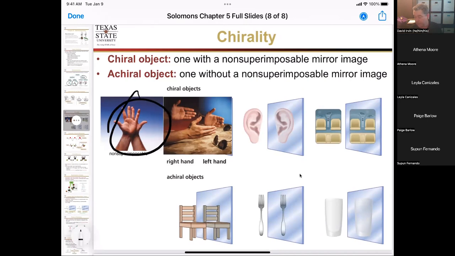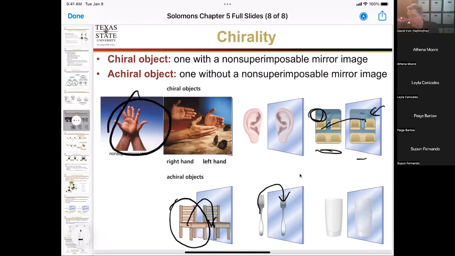So imagine you had a chair here. You could perfectly overlap that chair on that one, or this fork on that, and it would look the same. But look at this car here. Because we have the steering wheel on one side, the mirror image would have it on the other side. And therefore, when we try to overlap them, the steering wheel will be on opposite sides of the system. That's why it's a chiral object.